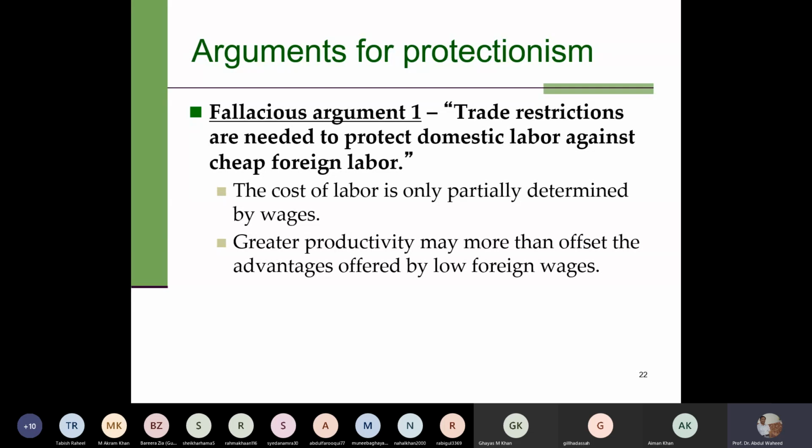So if the productivity of Japanese labor is double that of Bangladeshi labor, and Bangladeshi labor is getting $10 while Japanese labor is getting $20 per day, the effective wage is the same, because their productivity is high and your productivity is low. So this argument is considered false and cannot be accepted as an argument for protectionism.